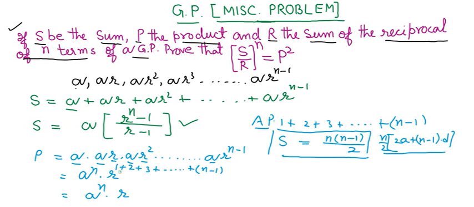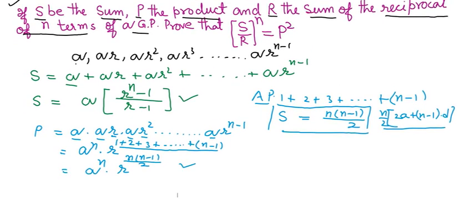So P may be written as a raised to the power n into r raised to the power n into n minus 1 by 2. This is the second relation.